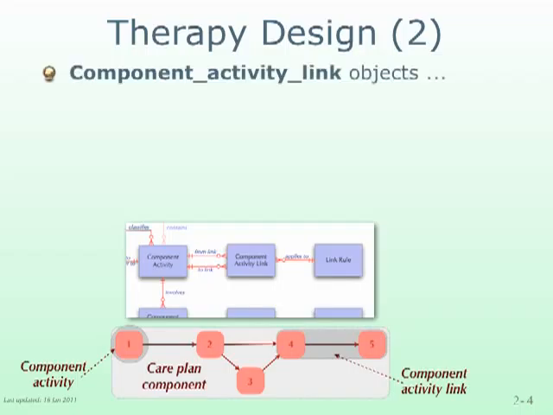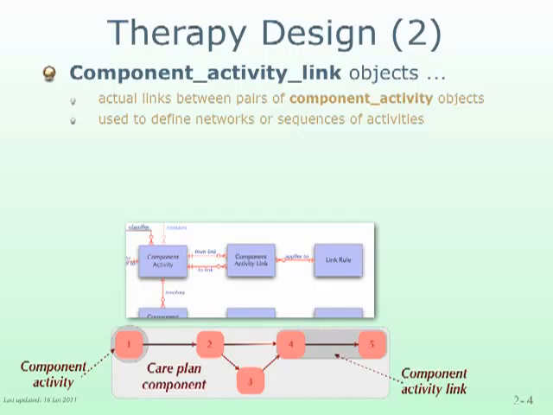First, there are the component activity link data objects that represent links between pairs of component activity objects which indicate their functional dependency and can be used to define networks, hierarchies, or simple sequences of activities, as illustrated in this diagram.